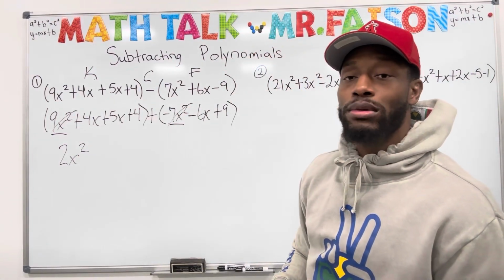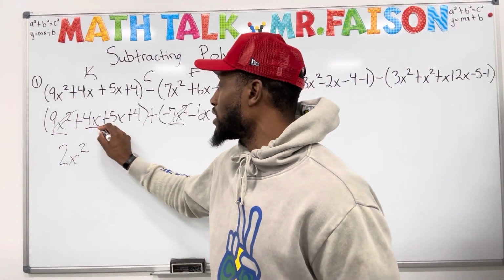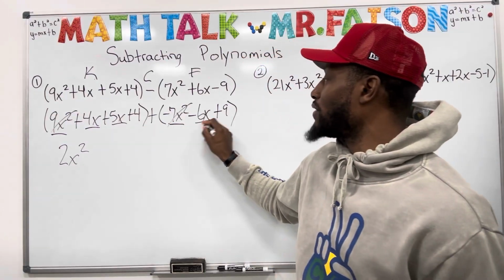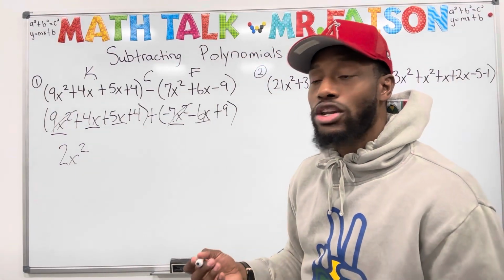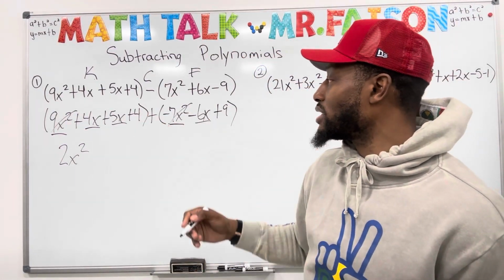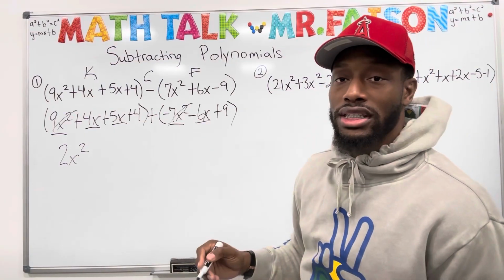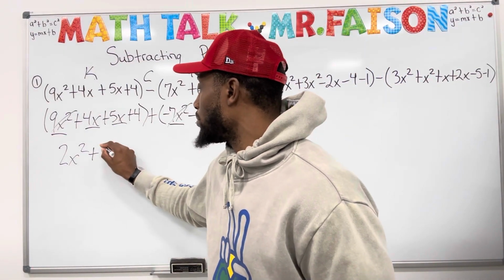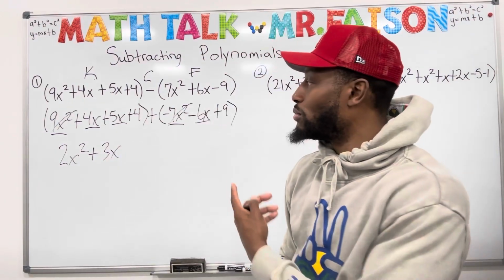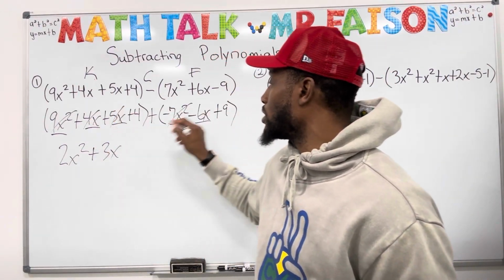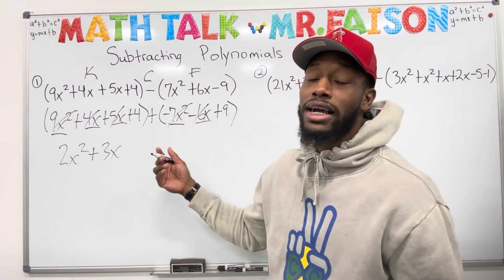All right? Now I'm going to look for my x's. I have 4x, I have a 5x, and I have a negative 6x. If I combine all of those, 4x plus 5x plus a negative 6x, that's going to give me positive 3x. I can mark everything out that I just used. The last thing I have left is my constant.